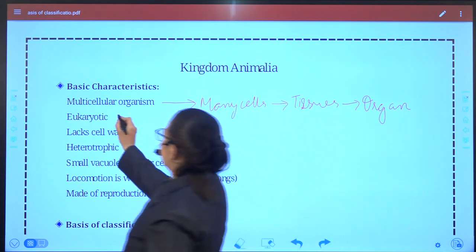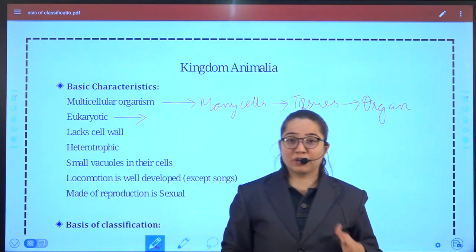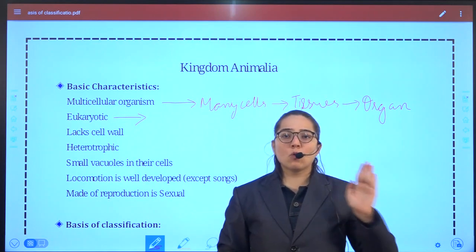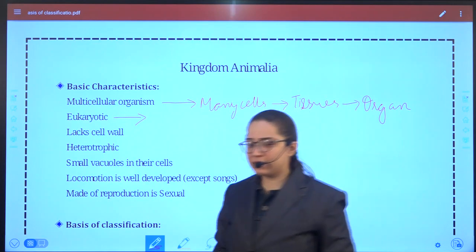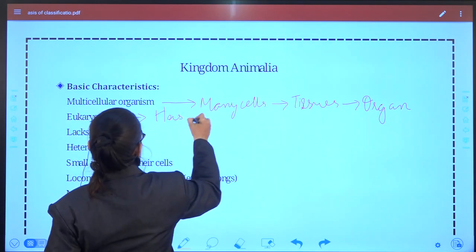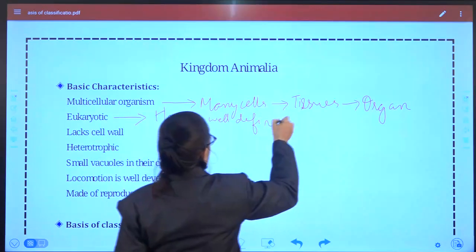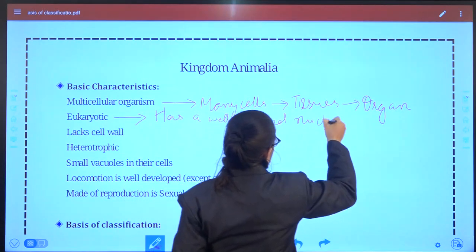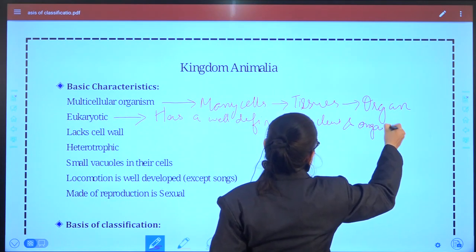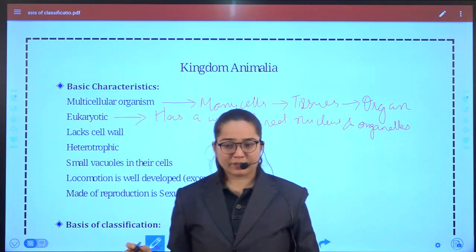Next, it is eukaryotic. Now what is the meaning of the word eukaryotic? You already know, having a well defined nucleus, as well as organelles present.